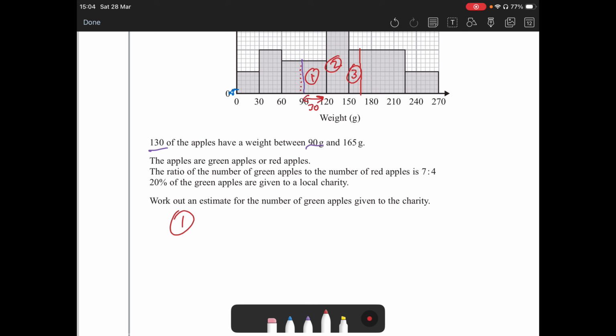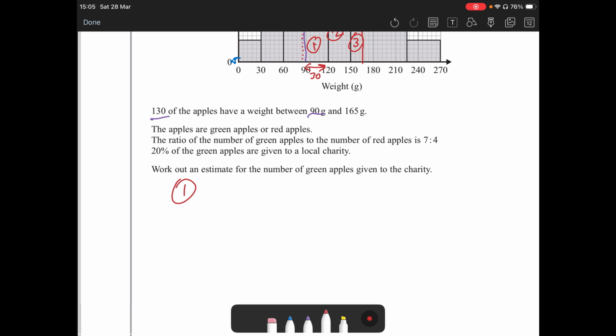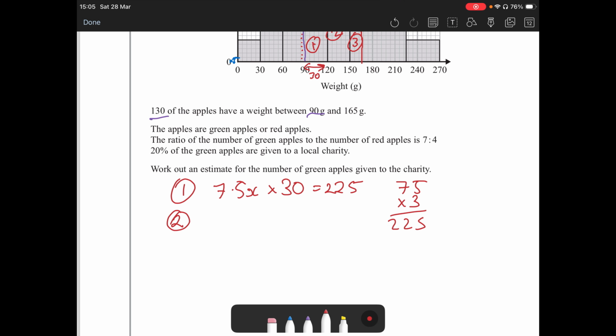So rectangle 1 will be 7.5x times 30, which will not be a whole number by the looks of things. 75 times 3. What's 75 times 3? I should know this. 225. All right. Should know that, but it doesn't matter. I can get there with a little bit of working.